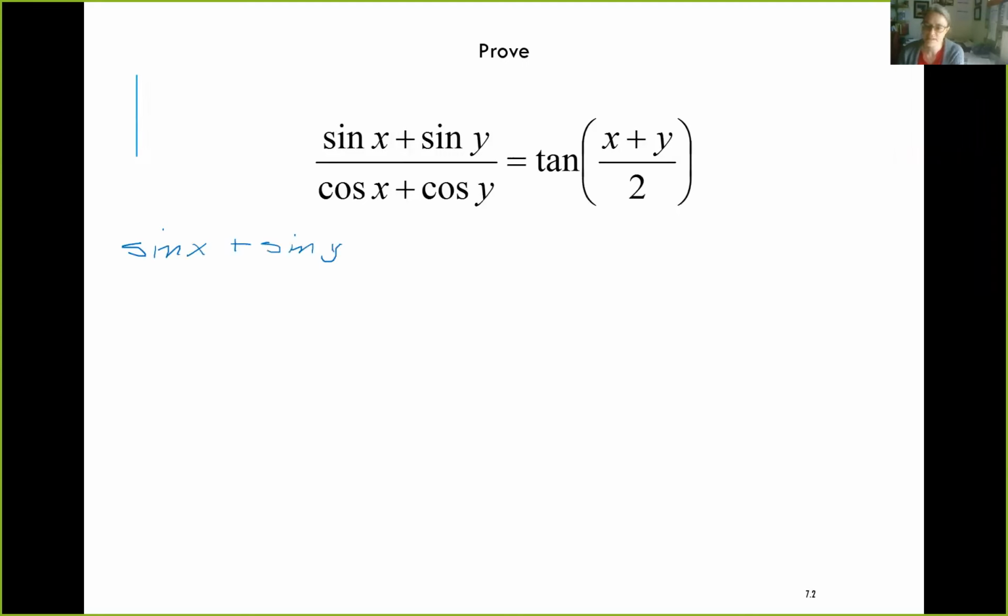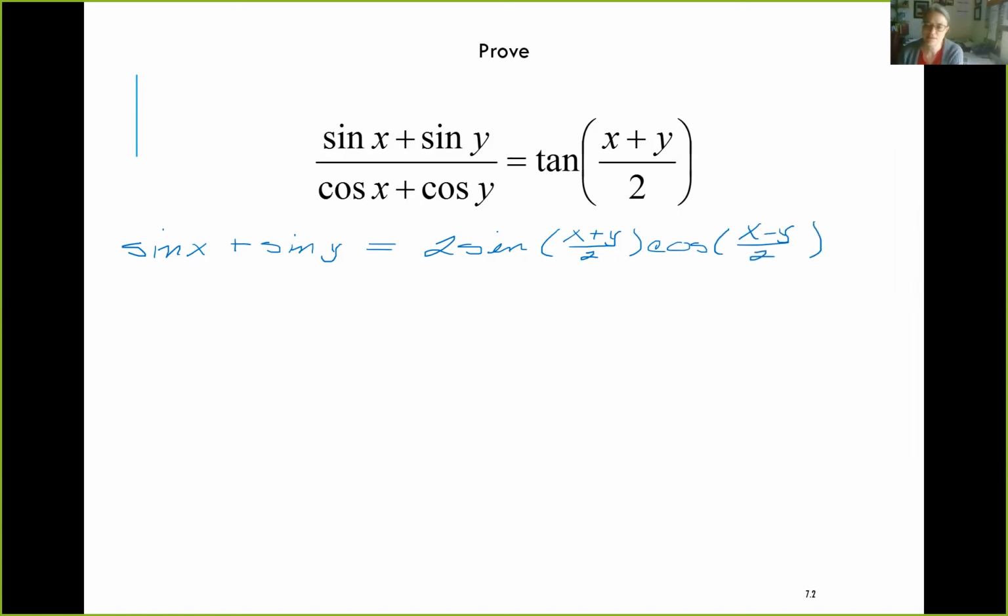We can use our sum to product identity and write that as 2 times the sine of x plus y over 2. Ooh, I'm liking that. Times the cosine of x minus y over 2.